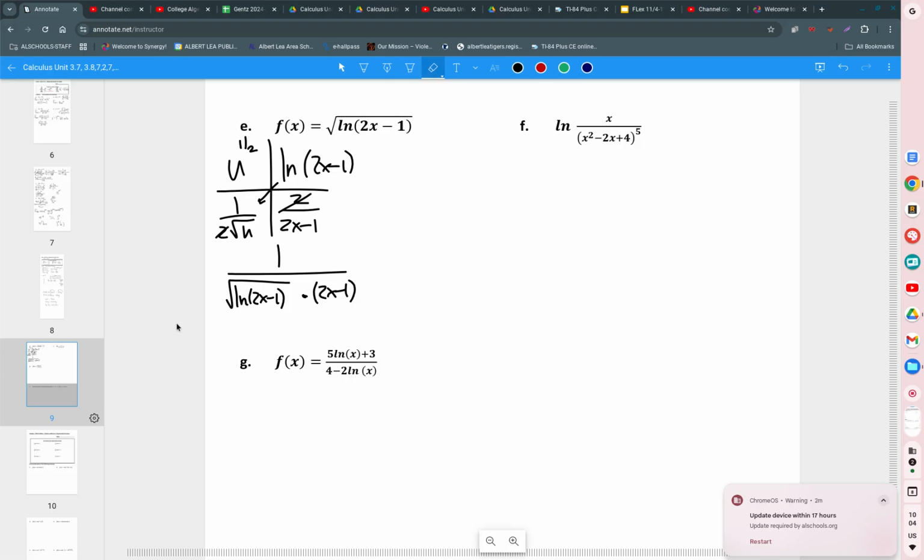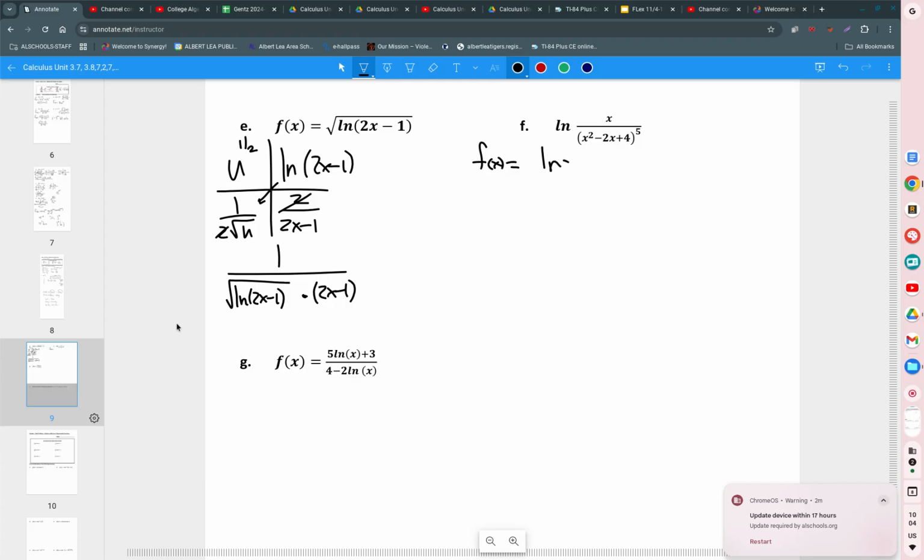Everybody see the quotient rule? Let's avoid the quotient rule. Help me avoid the quotient rule. What can I do instead? Turn division into subtraction. Right.